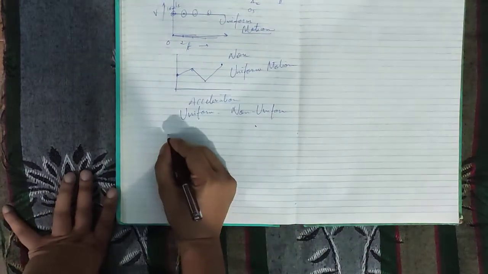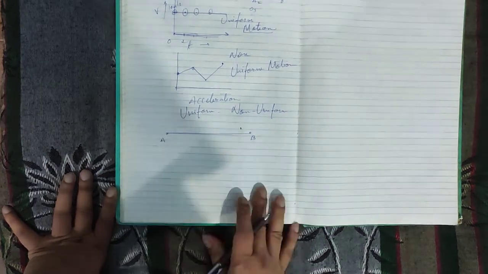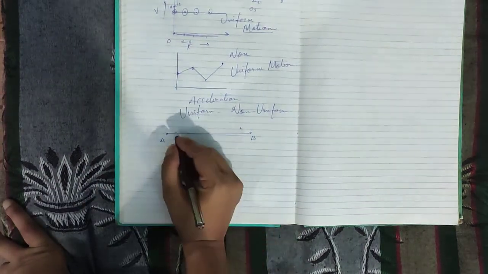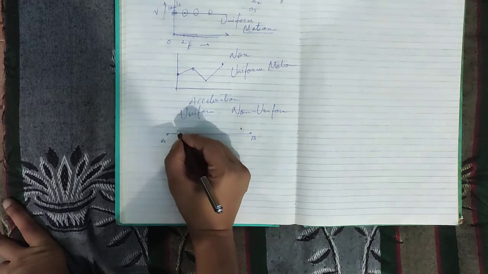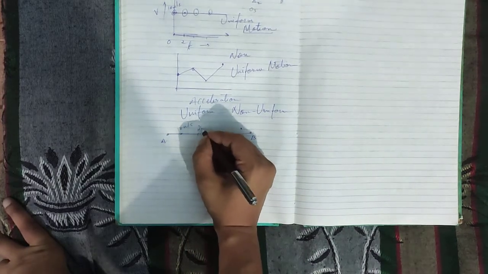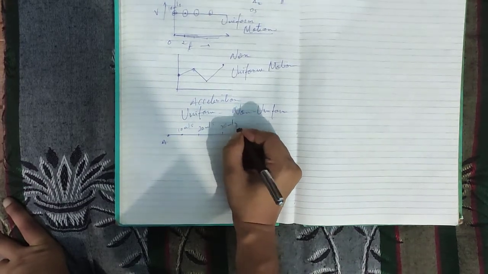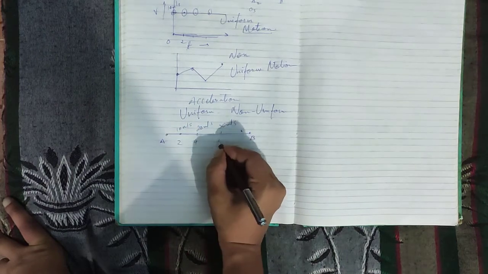Suppose when an object moves from point A to B, we will observe the example of uniform acceleration. At first point, its velocity is 10 meters per second. At second point, its velocity is 20 meters per second. At third point, its velocity is 30 meters per second at time intervals 2, 4 and 6.